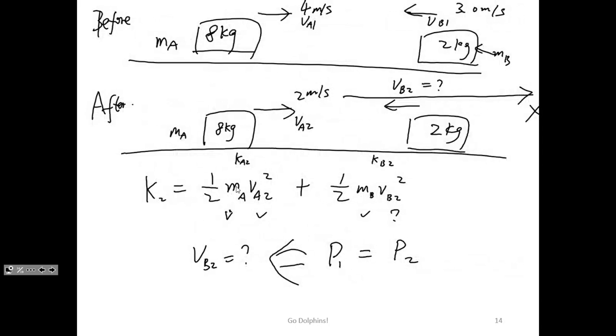Now we can go back here and calculate what's the kinetic energy, right? 1/2 times 8 times 2 squared plus 1/2 times 2 times 5 squared.